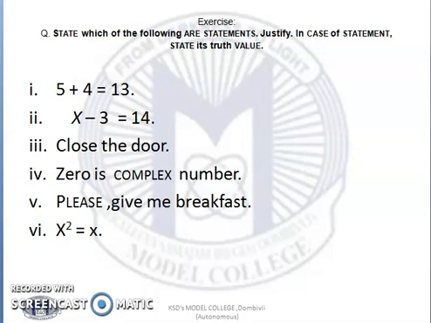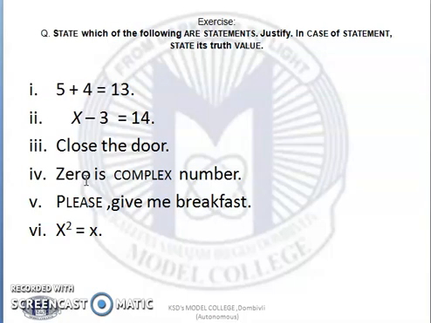Third one, close the door. Which type of sentence is it? Imperative sentence. It is a command. So it is not a statement. Fourth one, 0 is a complex number. Yes, 0 is a complex number. We can write 0 as 0 plus 0i.